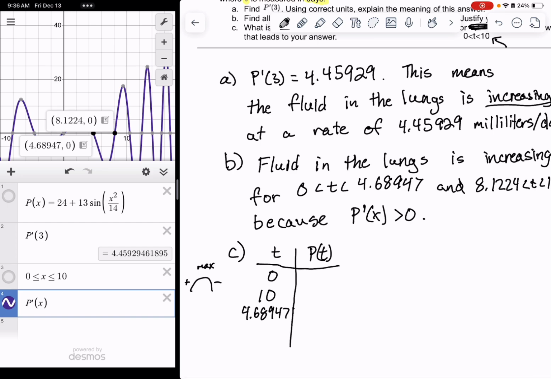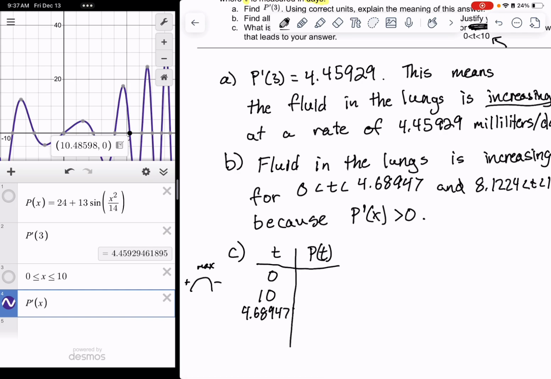This next point here is not going to be one of those because it's changing from negative to positive height. It's crossing the x-axis from below and going across to the top above. So that means that's a relative min. That would not fit for a max amount.